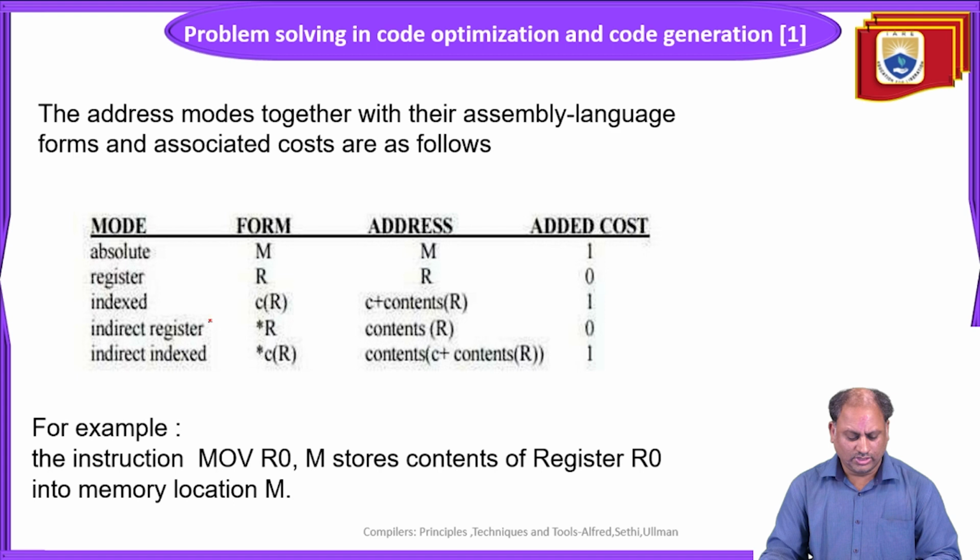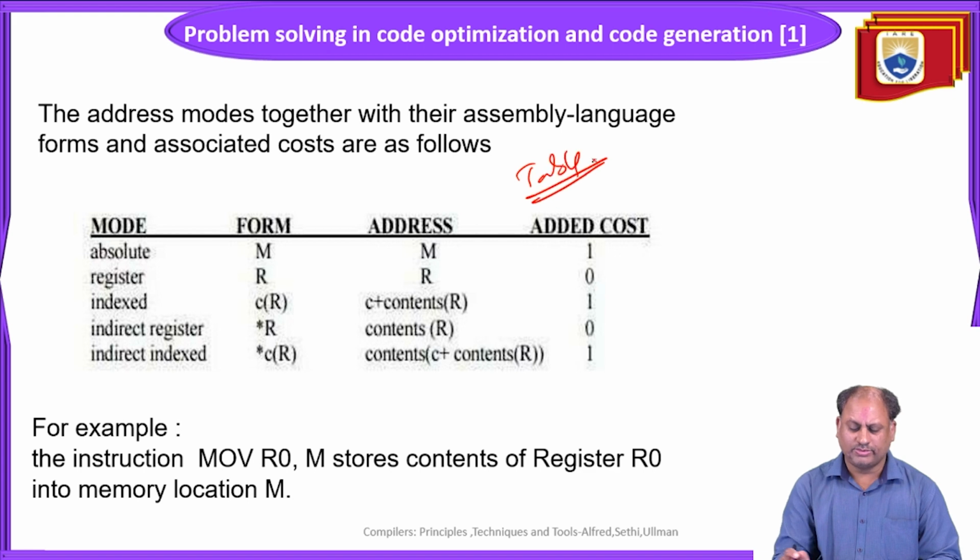new example which has the addresses and modes to be involved to calculate the cost. So here this table is used mainly for the purpose of this calculation. What is the absolute address mode?